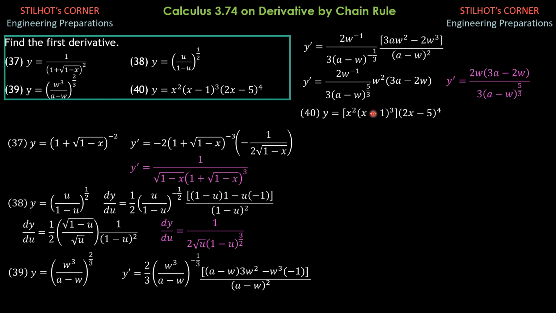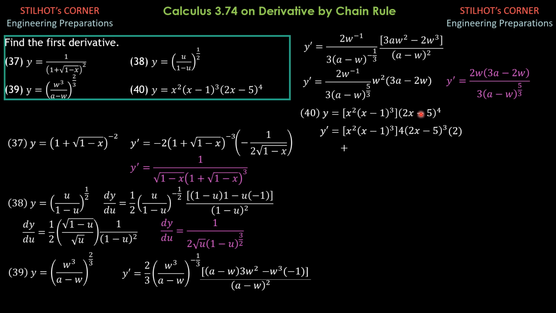I'll consider this as the first expression, then this one the second. So the derivative y prime is equal to first, derivative of second. Take note of that. So y prime equals, I'll copy this inside the brackets, then times 4 times quantity 2x minus 5 raised to 3 times 2, because the derivative of 2x minus 5 is 2.